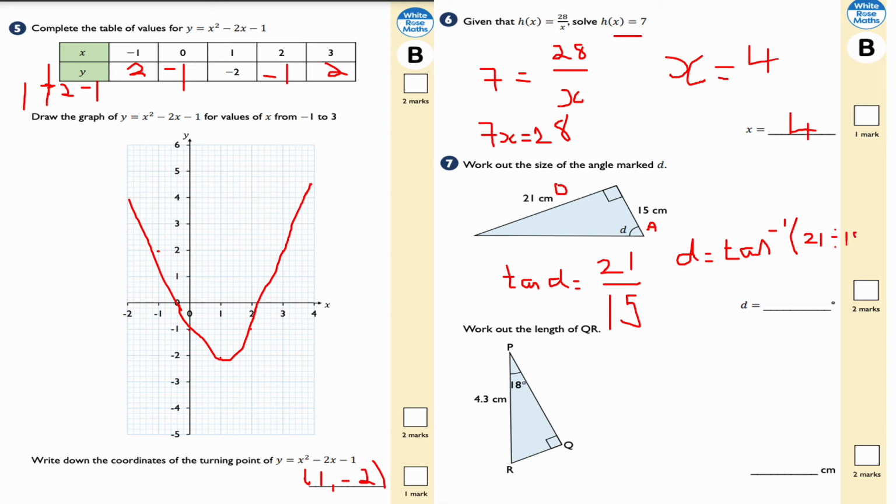So it's using the shift and then the tan button on your calculator. So you press shift, then you press tan, 21 divided by 15.